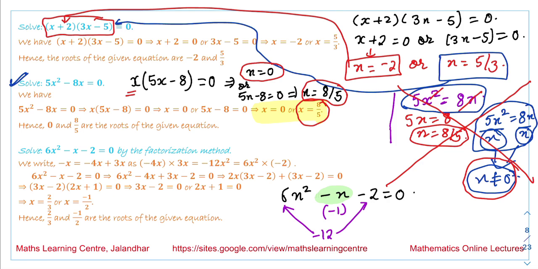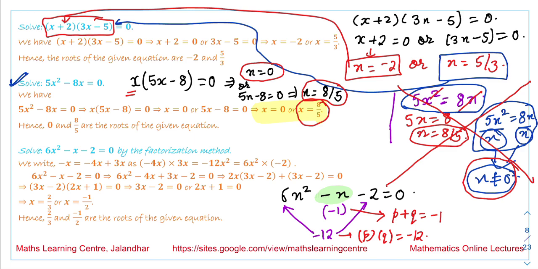So we want to write this minus 1, we want to write this number in such a form such that p plus q should be equal to minus 1 and p into q should be equal to minus 12.